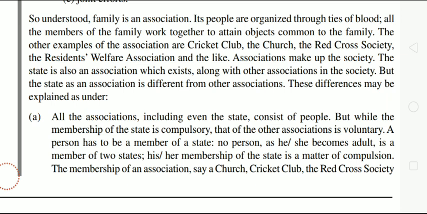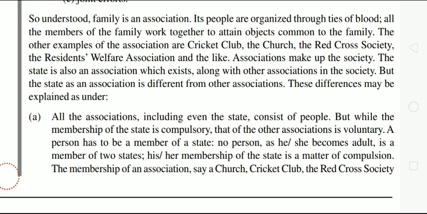These differences may be explained as under: A. All the associations, including even the state, consist of people, but while the membership of the state is compulsory, that of the other association is voluntary. A person has to be a member of a state. No person, as he or she becomes adult, is a member of two states.